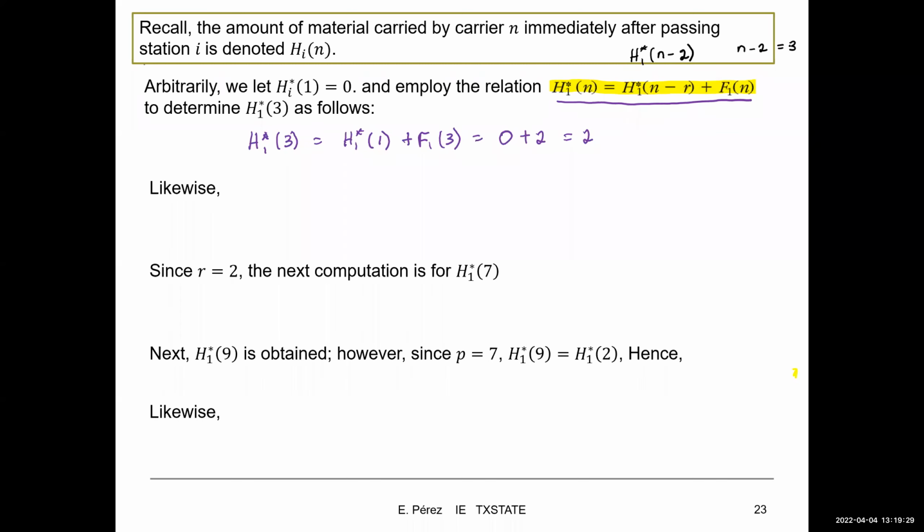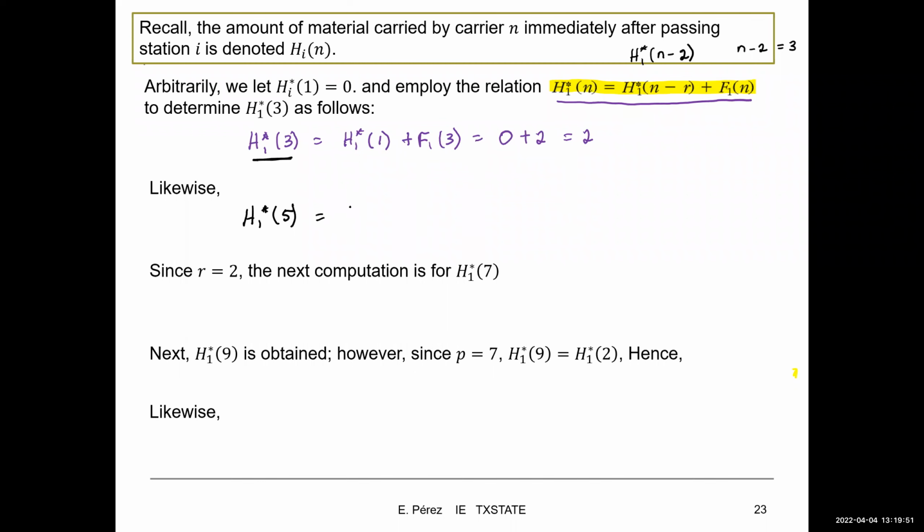Right, so for this to be true, I need n equals 5, correct. So likewise, I'm going to compute H1 star of 5, and I'm going to use this value, right?